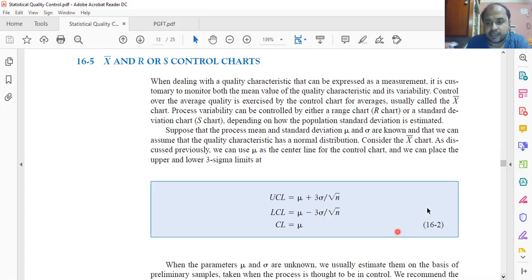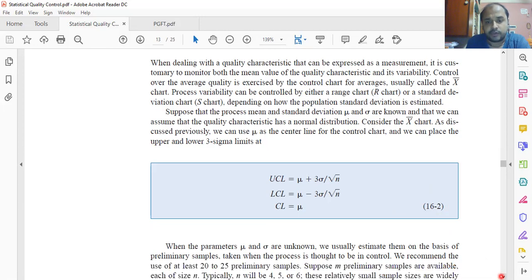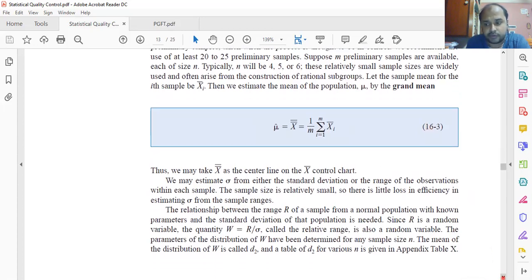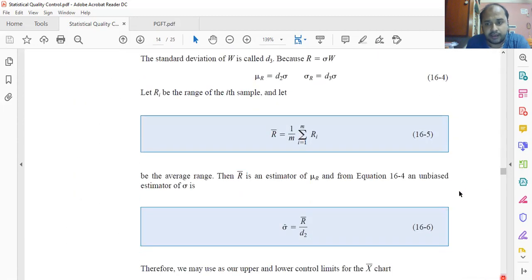whiteboard. So I'm going to discuss this equation 16.2, and then I'm going to discuss what is X bar chart, and then this quantity which is denoted by mu cap, written in equation 16.3, and then 16.5 and 16.6.